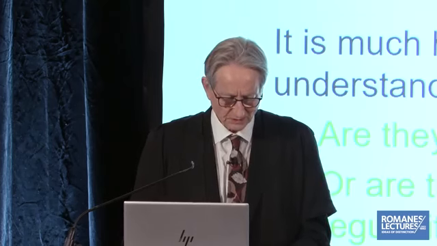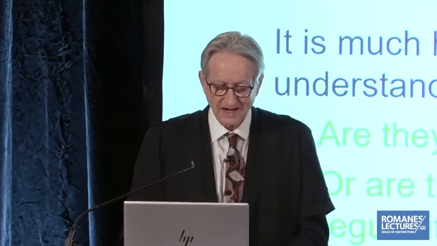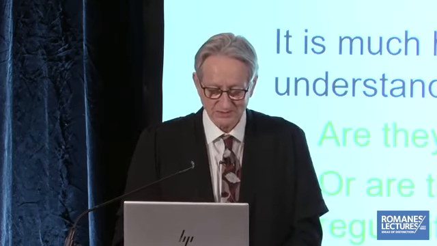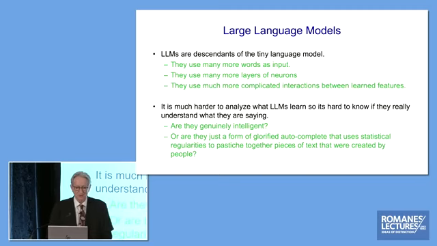So the large language models we have today, I think of as descendants of this tiny language model. They have many more words as input, like a million word fragments. They use many more layers of neurons, like dozens. They use much more complicated interactions. So they don't just have a feature affecting another feature.